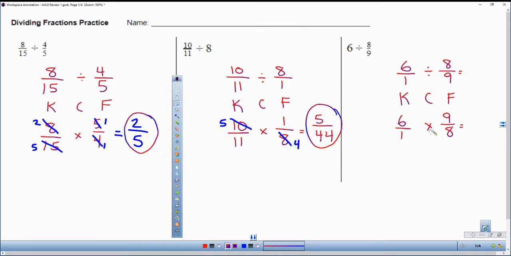Okay, well, 1 and 9, you can't simplify. 8 and 6, however, you can divide those both by 2. 6 divided by 2 is 3. 8 divided by 2 would be 4. Let's see what we get when we multiply. This one might be a little tricky.